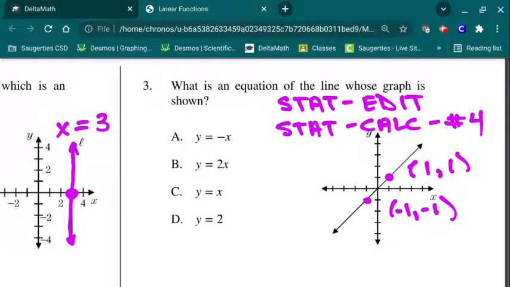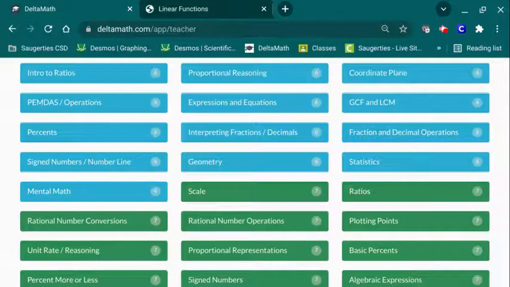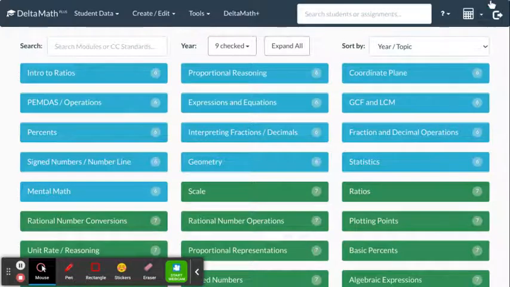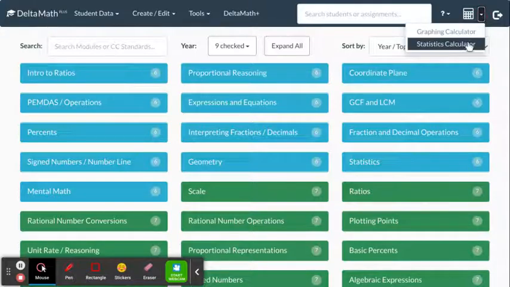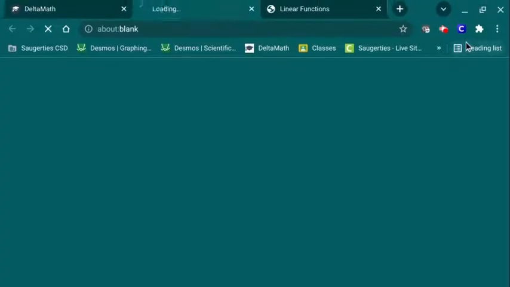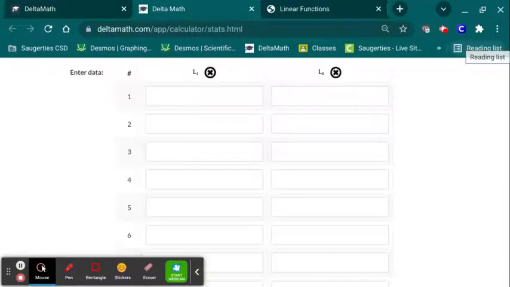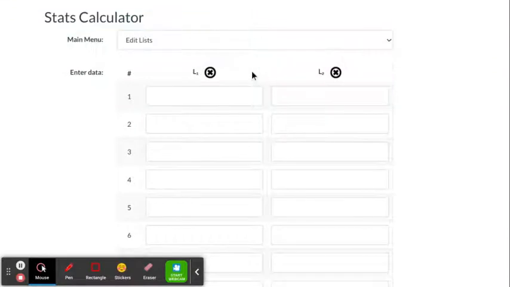But what I'm going to use, and this is handy to know, is the Delta Math version. So I'm on Delta Math right now. There's a little calculator on the top right. If I click the drop down and choose statistics calculator, I can type the same thing in here. See how it does L1 and L2 and it pops up as edit?